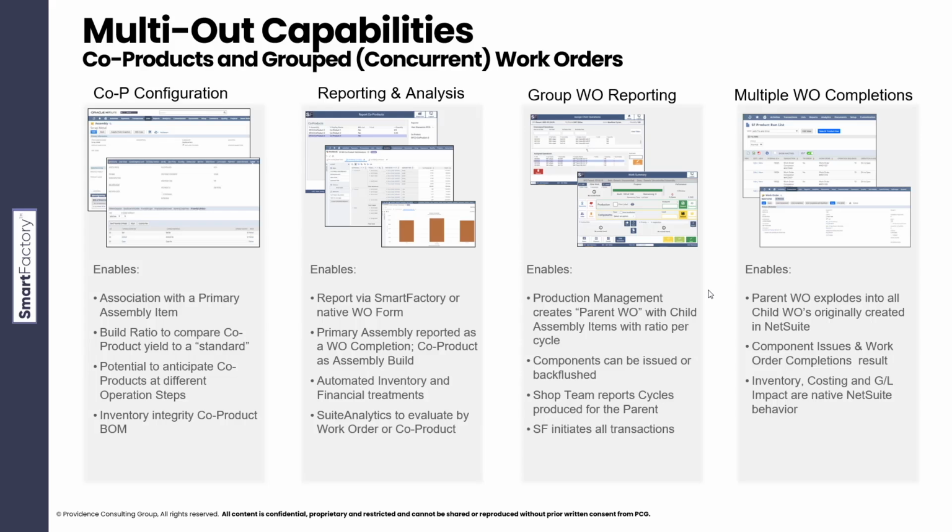Those transactions will be individual work order completions for each of those original work orders that we grouped when we physically ran them concurrently in the production operation. Let's go look at the SmartFactory solution.